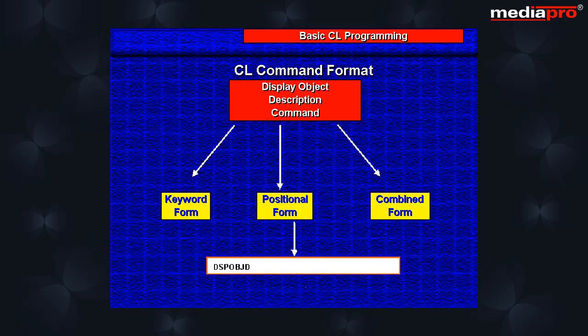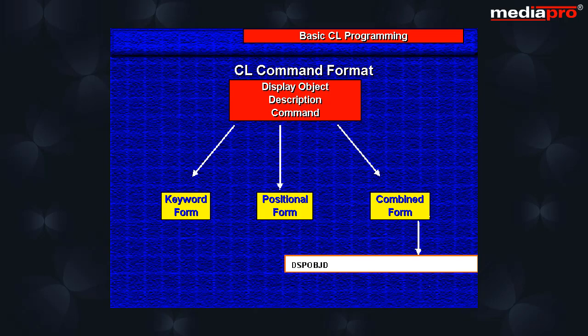In positional form, keywords are not used. Instead, each of the parameters is to be specified in the exact order which has been defined for the command. The combined form is a combination of the keyword and positional forms. You can begin by specifying the parameters in the positional form and then switch over to the keyword form.